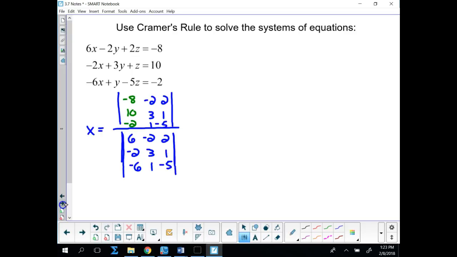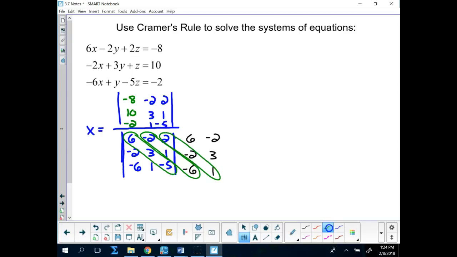Calculator? Okay. All right. So then let's do the bottom first by hand. So then that's going to be 6 and -2, -2 and 3, -6 and +1. I've got 3 criss-crosses that I need to multiply together.